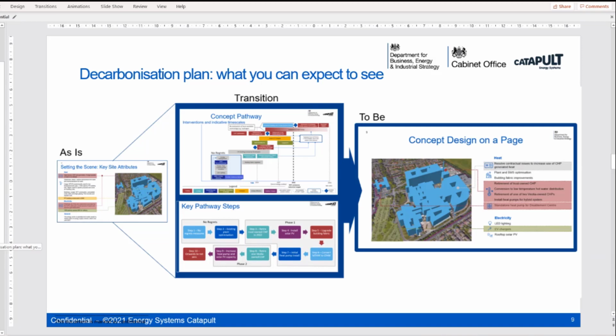So the slide has got an illustration of some of the work that we've done in the MEP program. So what we've tried to do is set out in that consistent way, understanding the key characteristics of the site and how you baseline the energy use and emissions associated with the site. So we define what we called an as-is situation. The middle section of the slide, we've got the plan for the site.